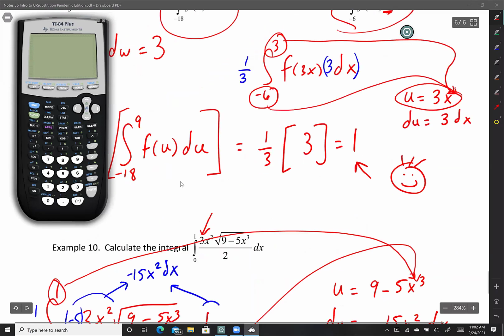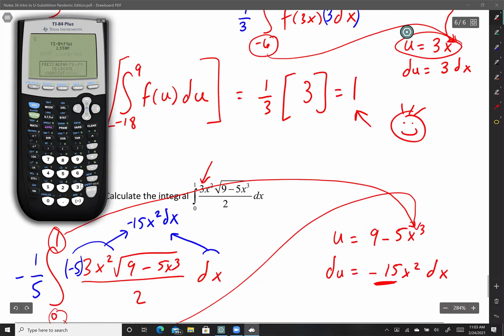I'm going to type this in the way it looks there: math 9, from 0 to 1. I'm going to use the fraction feature, alpha y equals enter. I type 3x squared square root of 9 minus 5x cubed over 2 dx.